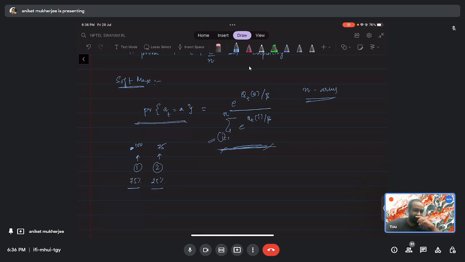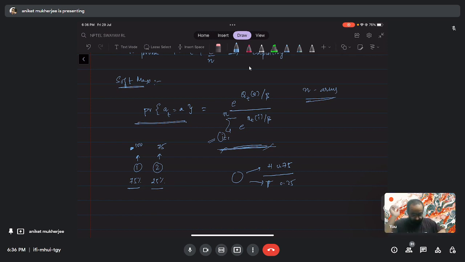So what you're doing is, in the next instant, you flip a coin. The coin lands head with probability 0.75 and lands tail with probability 0.25. Now if it lands head, you pick arm 1. If it lands tail, you pick arm 2.